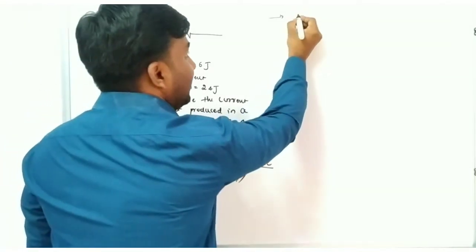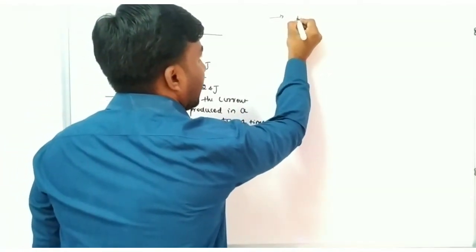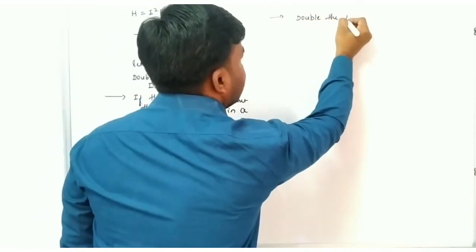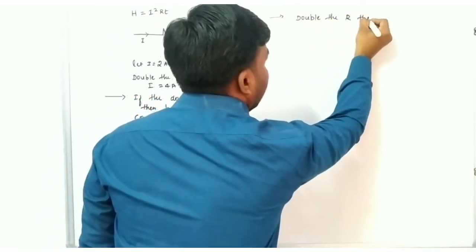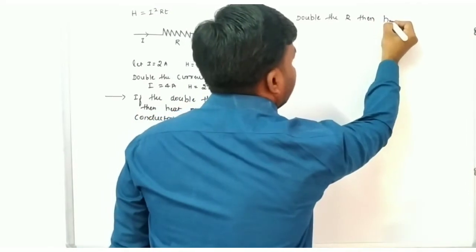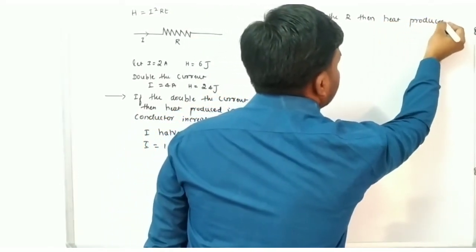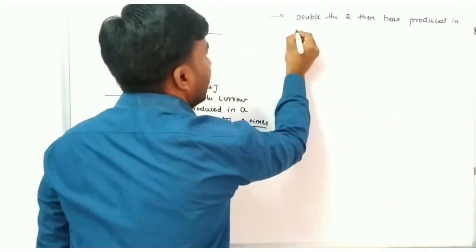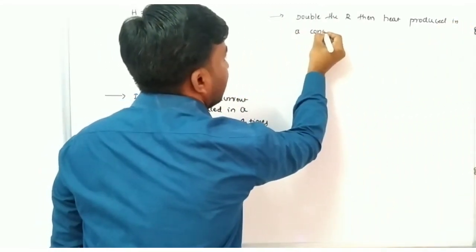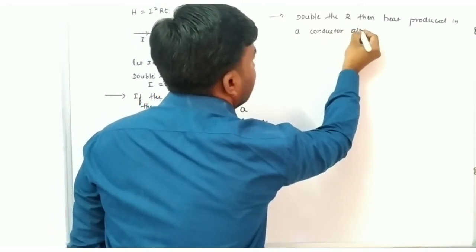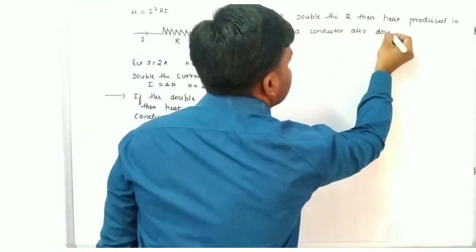If we double the resistance, then the heat produced in a conductor also doubles.